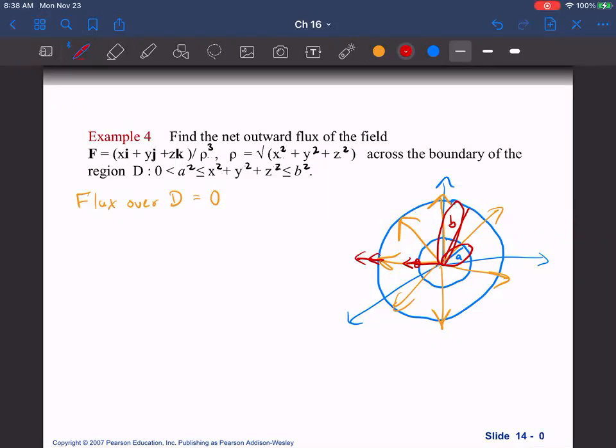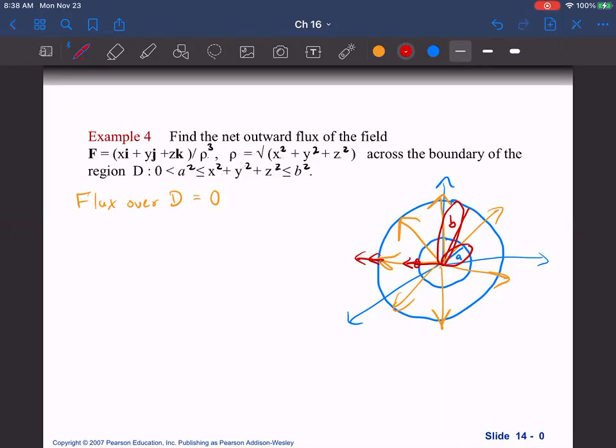One we're counting as entering into our volume, one we're counting as exiting. So one is positive, one is negative, and they're totally canceling each other out. So it doesn't actually matter the size of our sphere as far as what the flux is emanating from that center point.